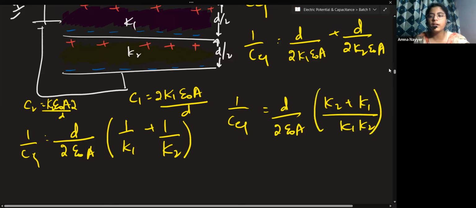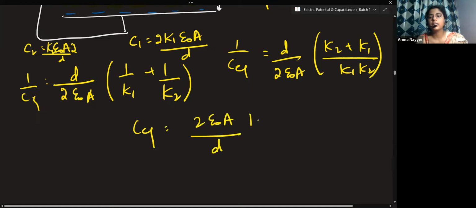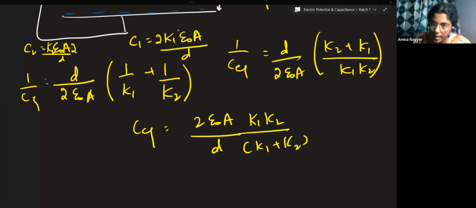So what will be your final answer? C equivalent will be 2 epsilon naught A by D, K1 K2 by K1 plus K2. This will be the final answer. We did the reciprocal right now; this was 1 by C equivalent, and then we did the final answer for C equivalent.